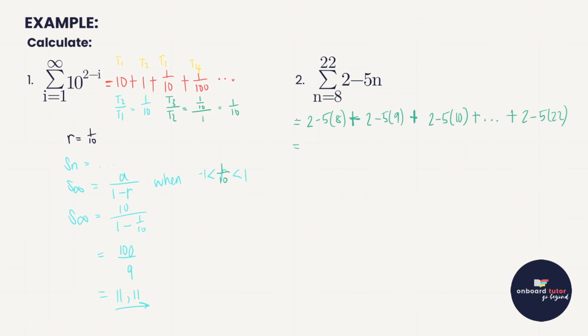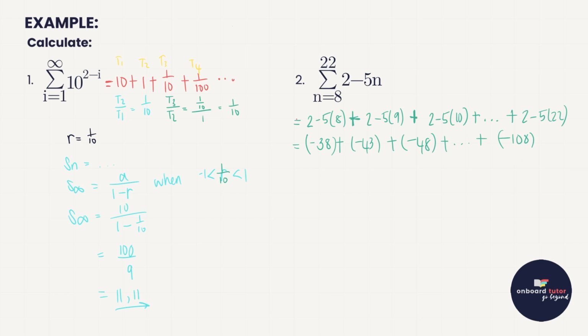So what we're going to do is we're going to write, starting with 8, we're going to substitute in an 8. Our next term, substitute 9, 10, etc. And we can see that this needs to stop here at 22. So let's work each of those out so that we have a clearer sequence to work with. Right, so there we have it, and I got all negative answers.